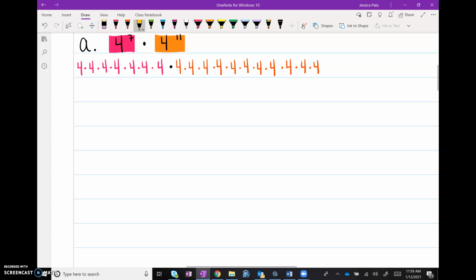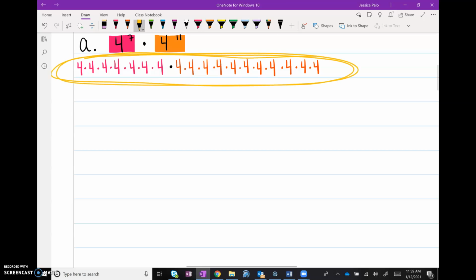Are you going to say the answer is what 4 to the 7th power would be? No, I want you to tell me what 4 to the 7th times 4 to the 11th would be in exponential form. So it's all of these 4s. What's the exponential form to represent this?